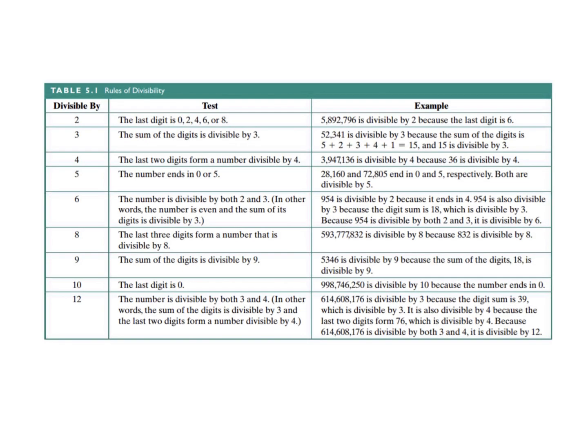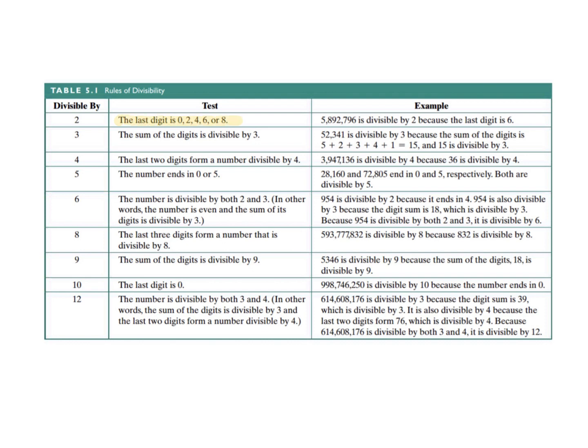Now on to our divisibility rules. Here are the rules we're going to use to determine whether a number is divisible by 2, 3, 4, 5, 6, 8, 9, 10, and 12. We're going to start with the rules for the numbers 2, 5, and 10. To determine if a number is divisible by 2, we are just going to look at the last digit.